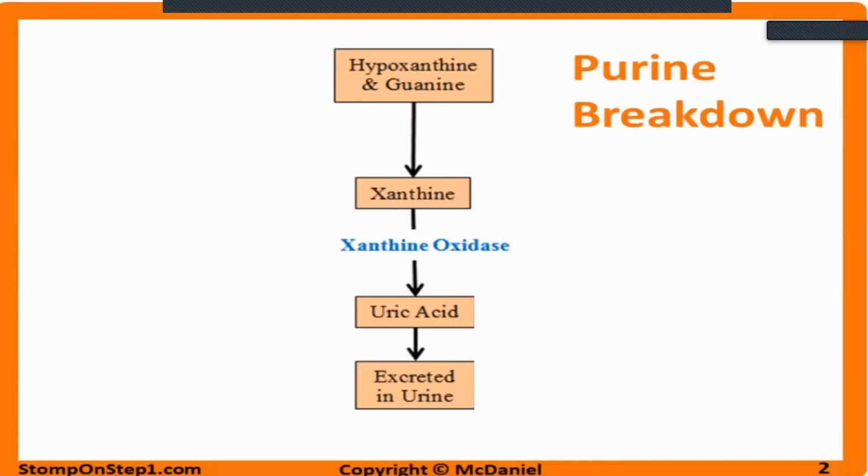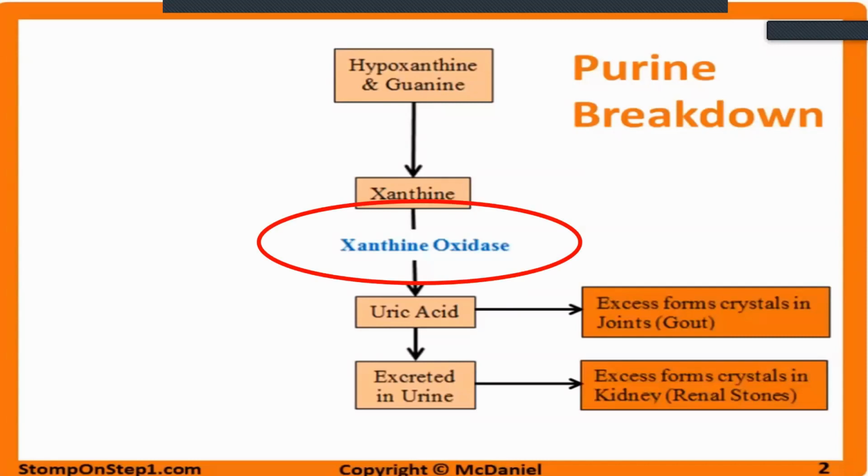Okay, so even for clearing the uric acid, there is a limit. If there is a lot of uric acid, the kidneys will not be able to clear it. And that will cause accumulation of the uric acid in the joints of the body. Okay. So when it accumulates in the joints, the disease will be called gout.